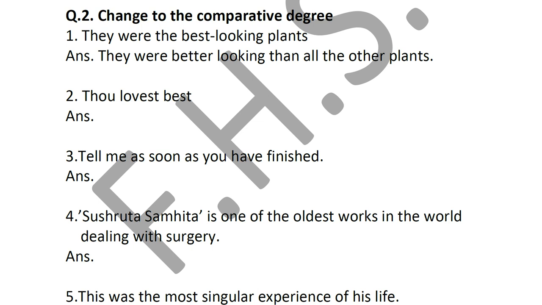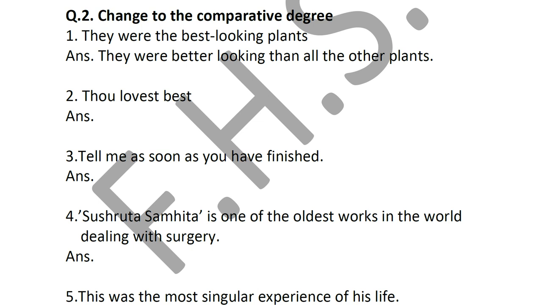Unless it is very rarely, these words will not come together, but the words "better" and "than" have to be there, like in the first example. They were the best looking plants. Now, why? They were better looking than all the other plants. You cannot say "better than looking," because you see, in "best-looking" there's a dash in between.